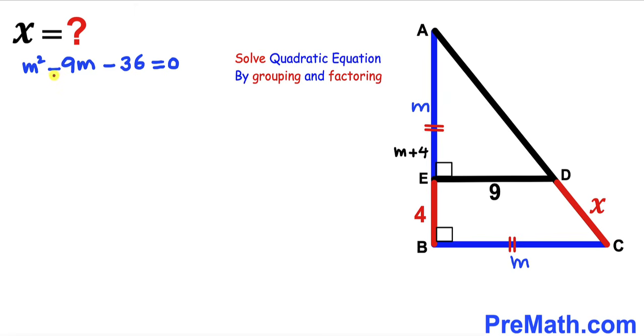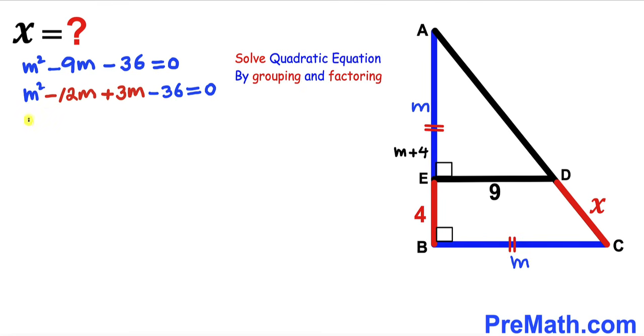Let's focus on the middle term. We are going to tweak this term. Negative 9m could be written as negative 12m plus 3m. And we can see negative 12 times positive 3 indeed gives us negative 36. As you can see in this next step, I have replaced it over here. Now we have m in common between the first two terms, and 3 in common between the other two terms.